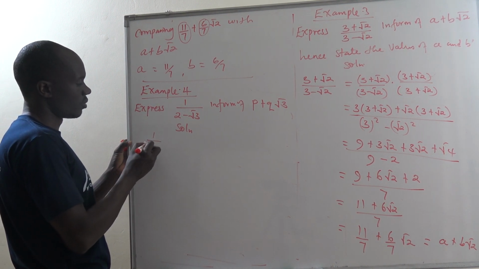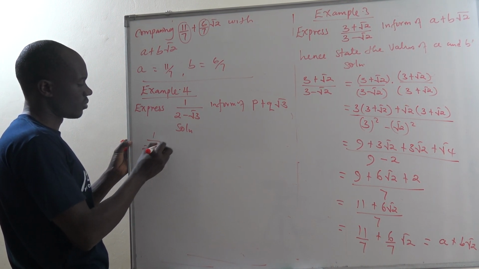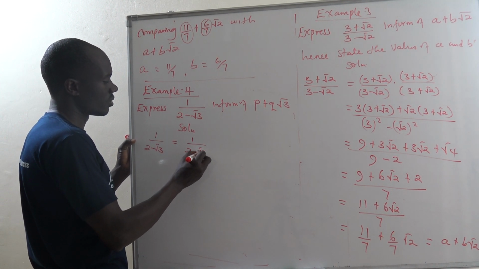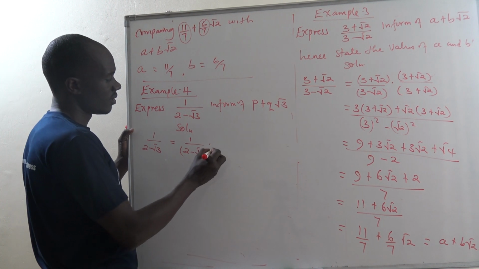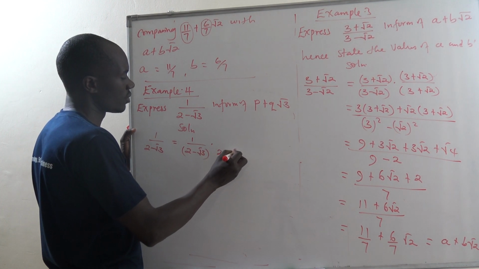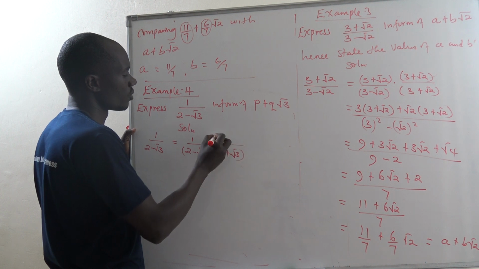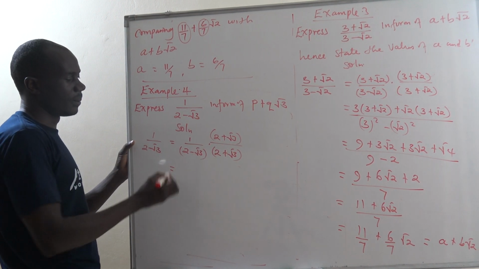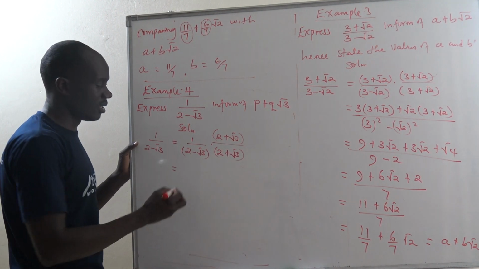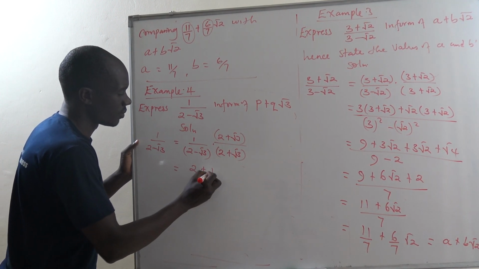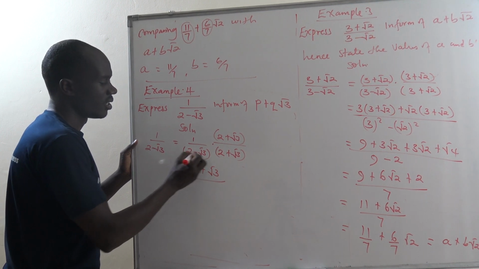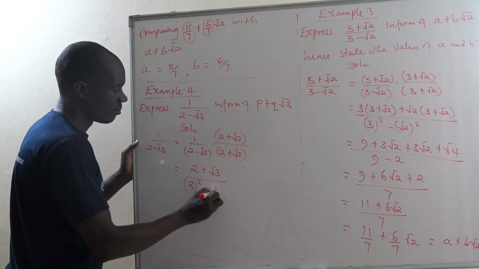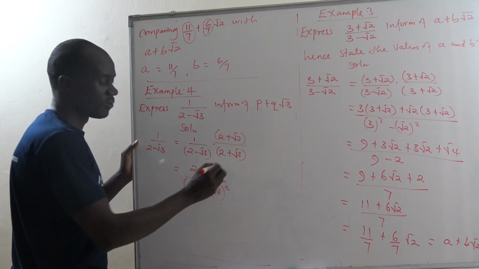So this is 1 out of 2 minus root 3, the same as 1 out of 2 minus root 3 times 2 plus root 3. What you do down, do it also up, 2 plus root 3. Then we go ahead and multiply. 1 times everything remains up the same, 2 plus root 3 all over. This one is the difference of 2 squares. So this is the same as 2 squared minus root 3, the whole of it squared.